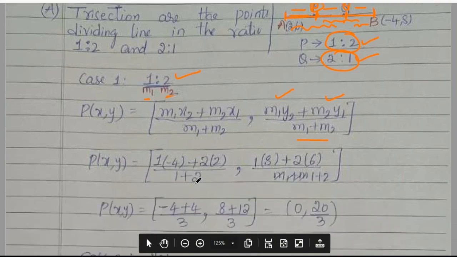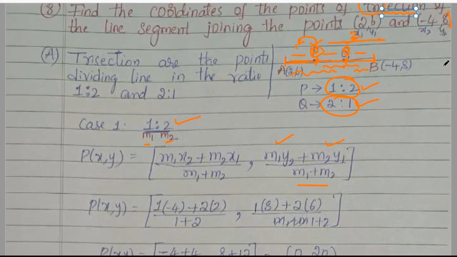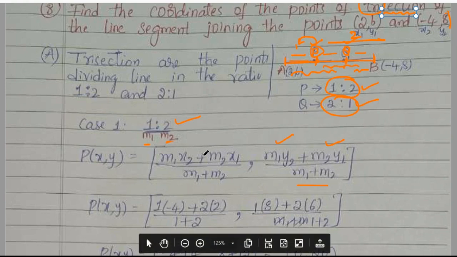So M1 is 1, x2 is -4. x2 is -4, 1 into -4 plus, the formula has plus so write plus. M2 is 2 and x1 is 2. So 2 into 2, by M1 plus M2, which is 1 plus 2, comma M1 y2, again M1 is 1, y2 is 8, so 1 into 8.